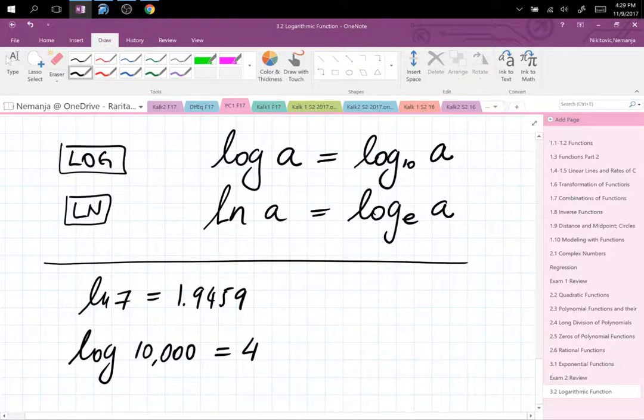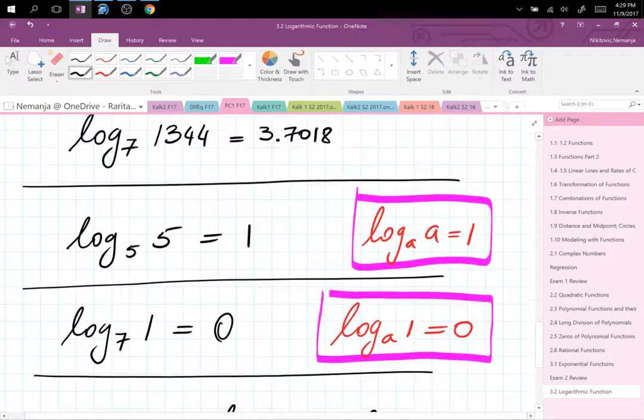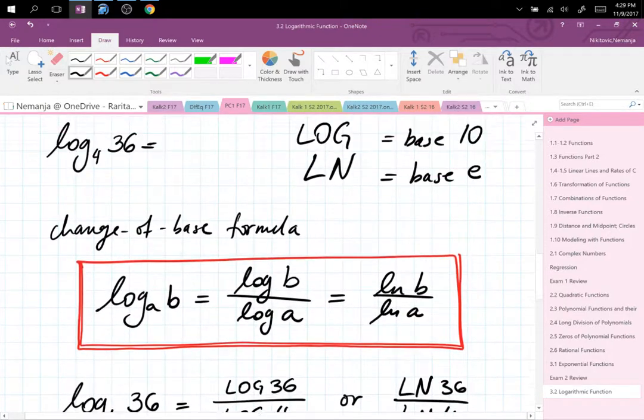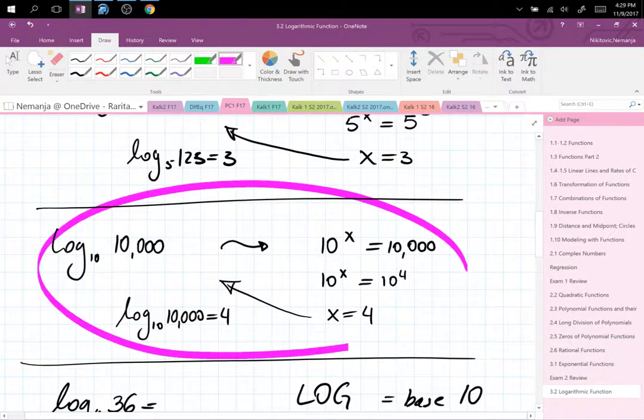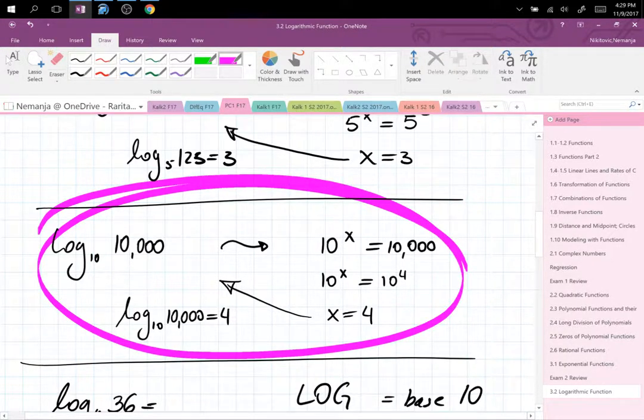What's LOG of 10,000? Why is it 4? Because, yeah, because life. Right? You see that? We did it by hand. We know how to do it without a calculator because that one was easy. But then you can just punch LOG 10,000, you will get 4.